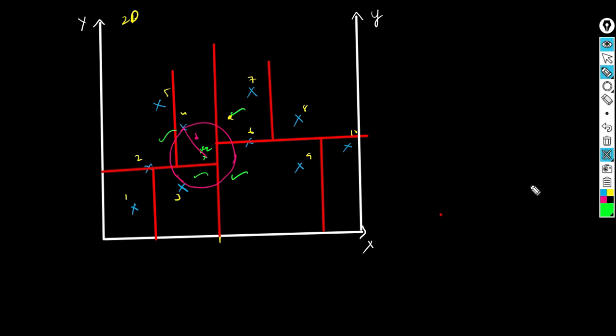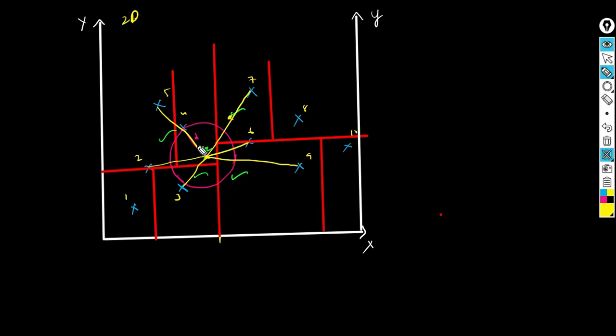Now we will find the distance from this query point to the 7th point, and also the 6th point, because generally this belongs to the upper region, and also the 3rd point, the 2nd point, and the 5th point.